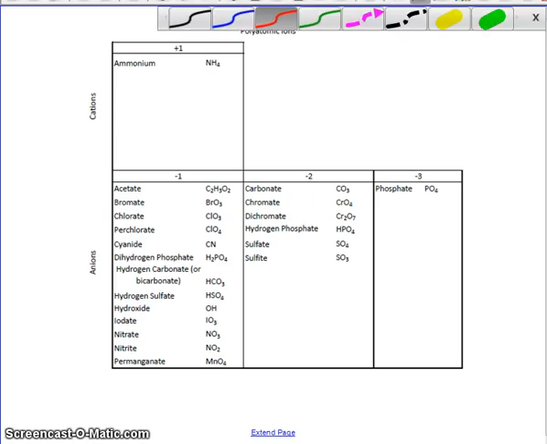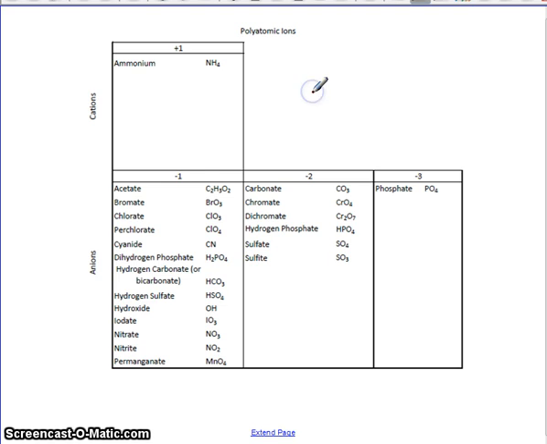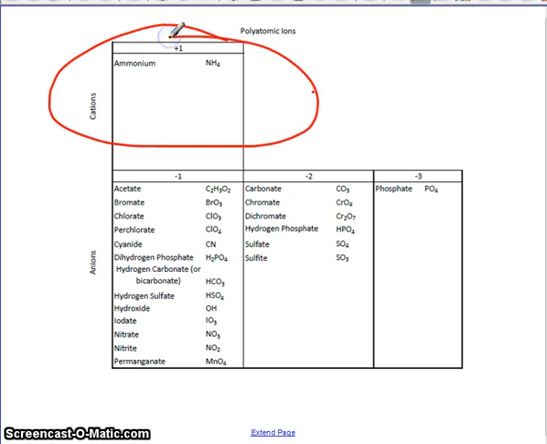Here's a list of the common polyatomic ions that we'll be working with. You do not need to memorize this list because you will be given a hard copy. Okay, if you notice, for example, the top half, these are the cations. There's only one main cation that's a polyatomic ion, and that's called ammonium, which is NH4.